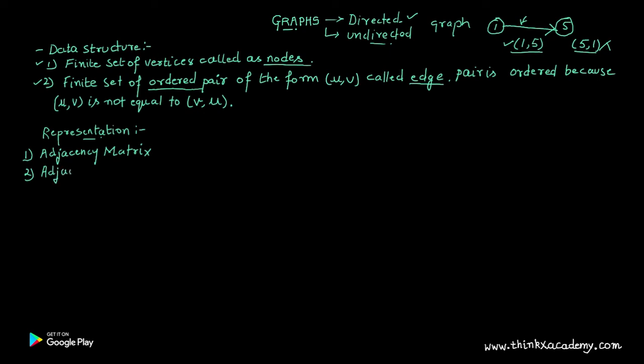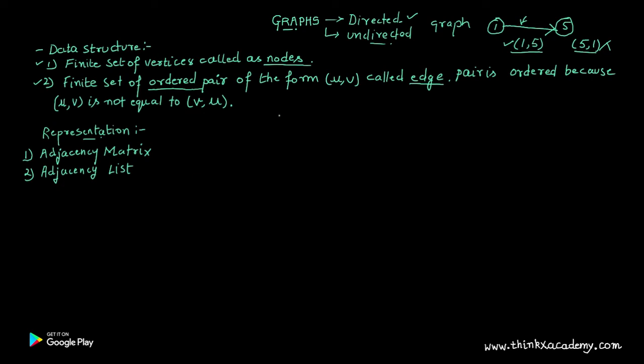We have already studied the linked list data structure, and we are going to use a familiar structure to represent the graph. So let's study how we can represent a graph in an adjacency matrix. We know what exactly a matrix is.